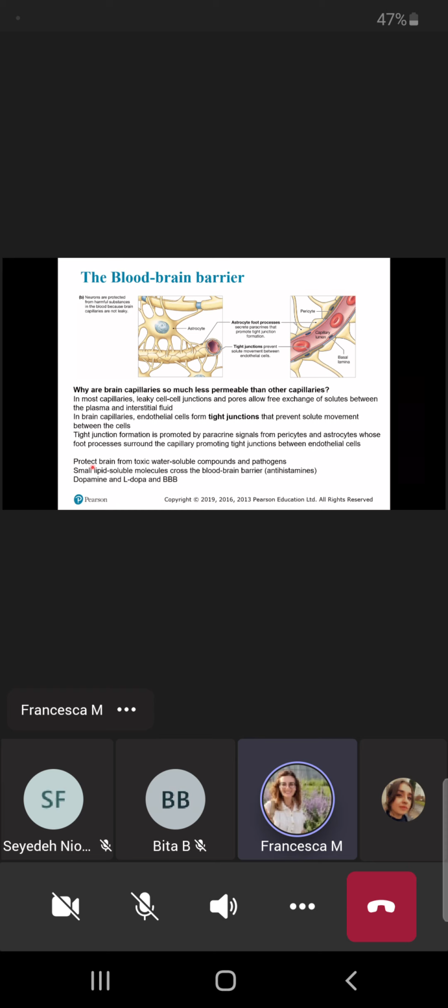So we have a reduction in the dopamine. The most common therapy for Parkinson's is the administration of L-dopa, that is a precursor of dopamine, because the blood-brain barrier is not permeable to dopamine. So the L-dopa can be transported across the blood-brain barrier using some specific transporter.